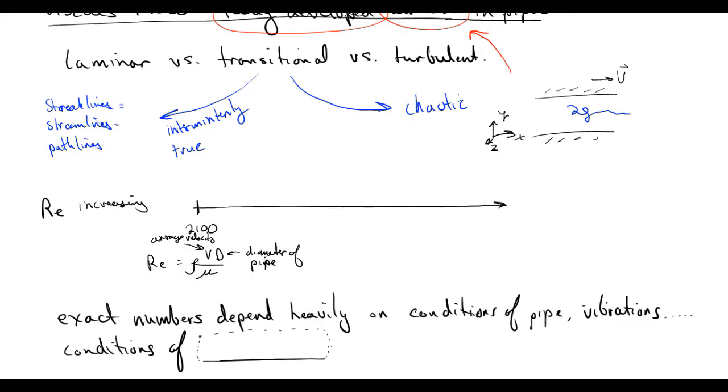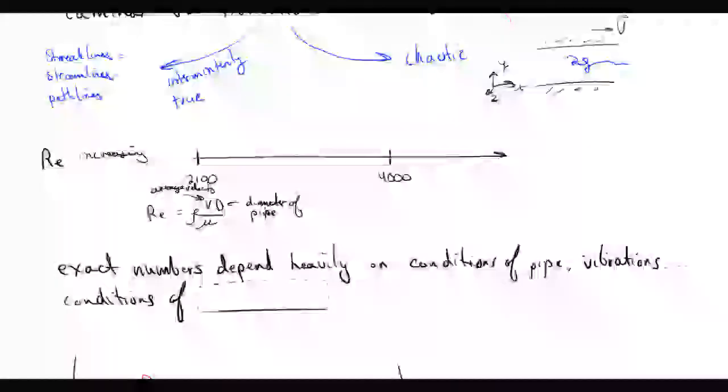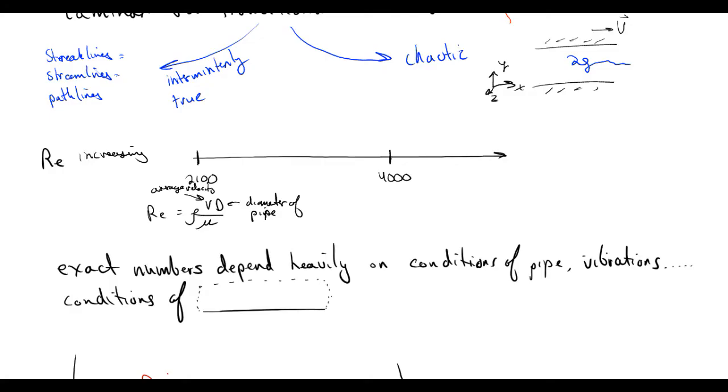He was trying to push laminar flow to as high of Reynolds numbers as he could, well past 4,000, and that requires very, very smooth pipe. You have to begin your pipe with very smooth entrances, and you can't have vibrations. So he would have to do his experiments at night because people walking in the hallway would create enough vibrations that it would trip turbulent flow, and so he would get erroneous results, right?